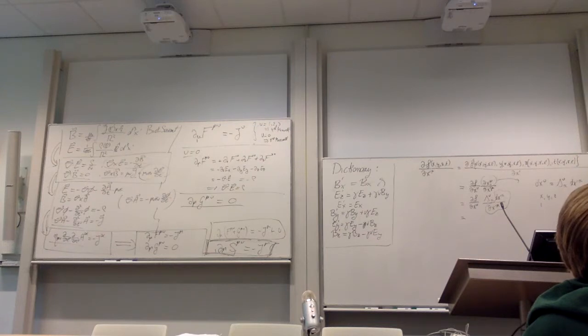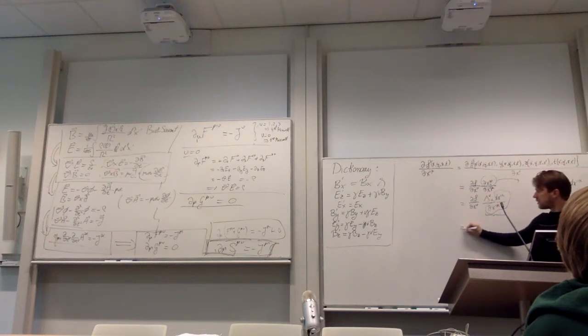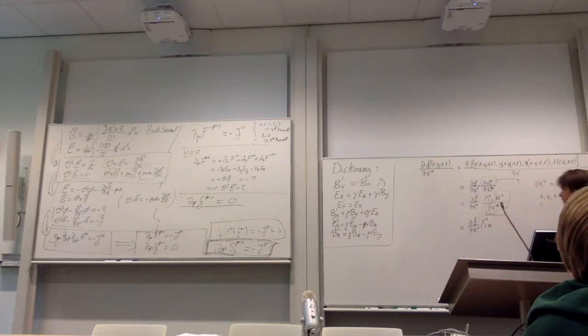The only way this derivative is non-zero is when alpha is mu, because then you take dx derivative dx, or dt derivative dt, or dy derivative dy. So my claim is, taking this derivative will only yield a non-zero value when mu is alpha.